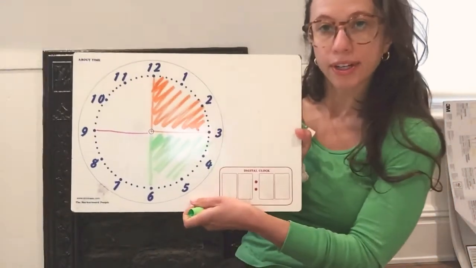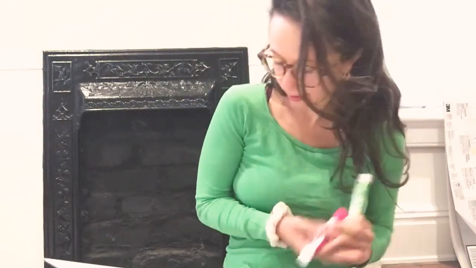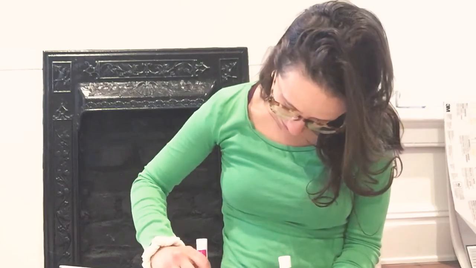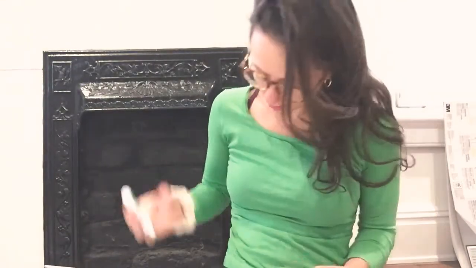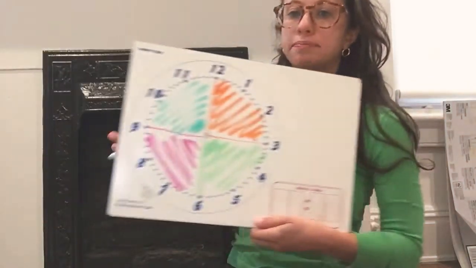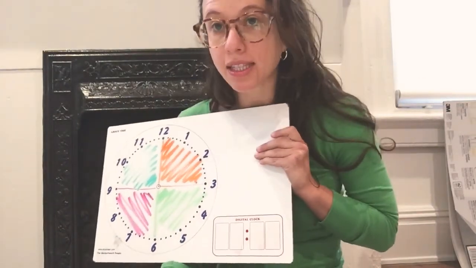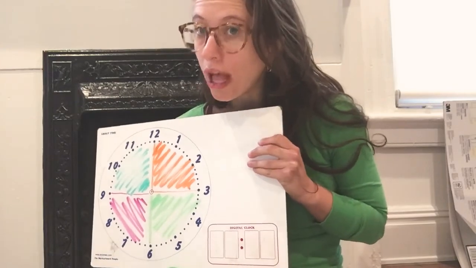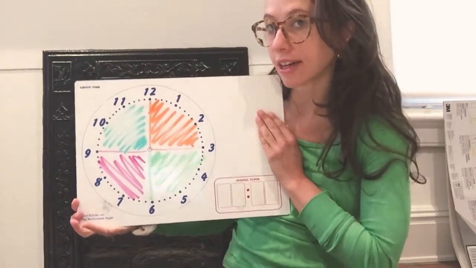Here's the second quarter. Here's the third quarter, and then my last quarter. So if you imagine it as a pizza, and I have to share my pizza amongst 4 people, I would need to give everybody the same amount, an equal slice, okay?